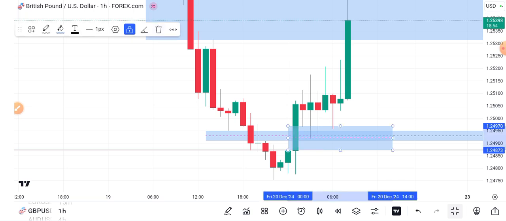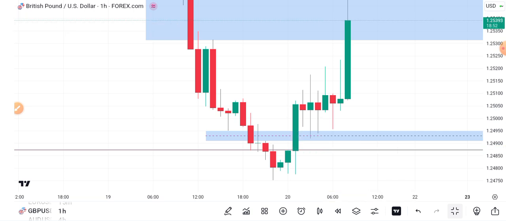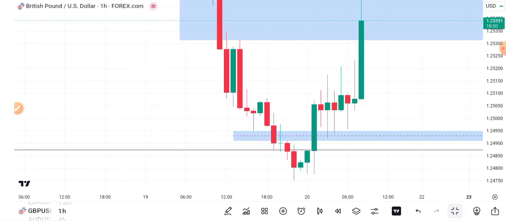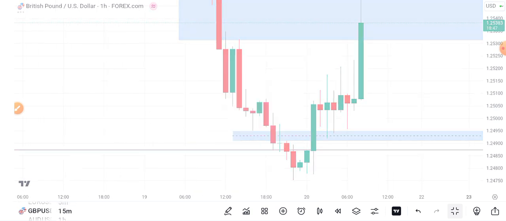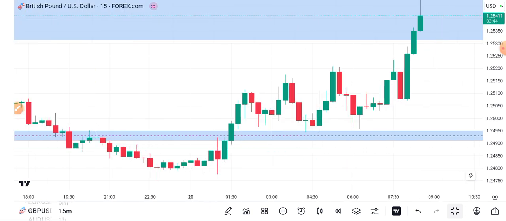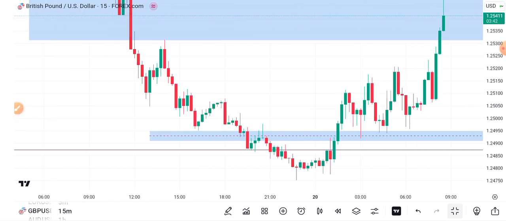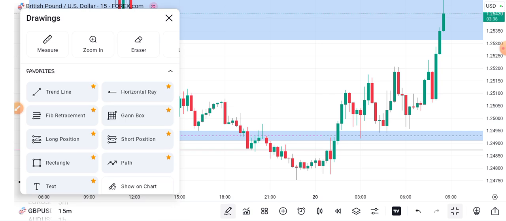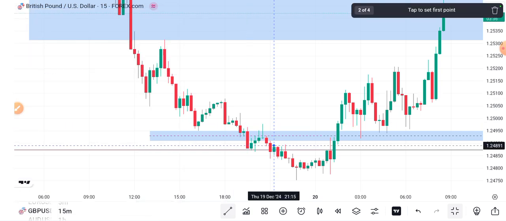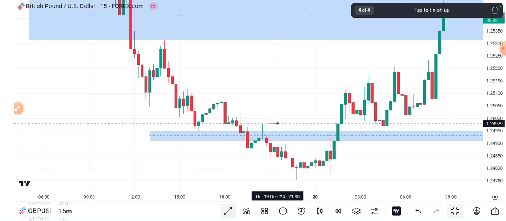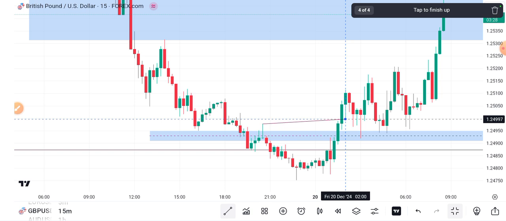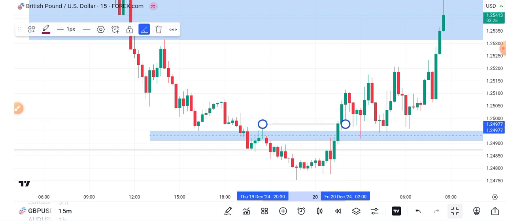So other than the 1 hour time frame confirmation, there is also a 15 minutes time frame confirmation that I need to share here. This last lower high in this trend was broken through by price action. Can we see?